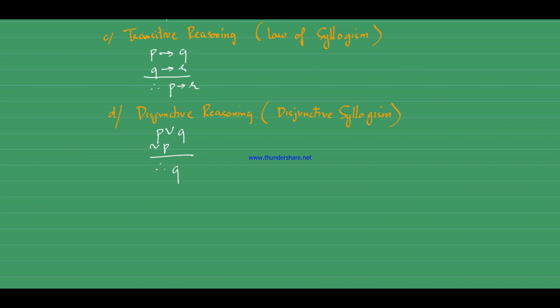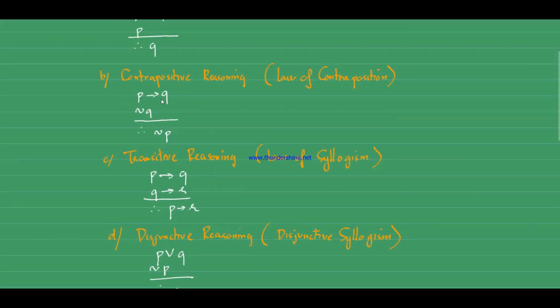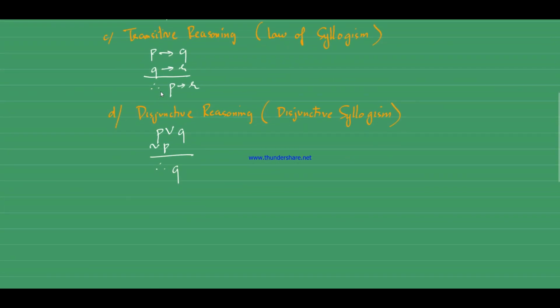Again, I recognize that memorizing all of these valid arguments is faster. However, disjunctive reasoning has another form.